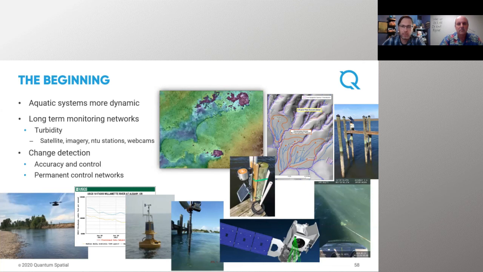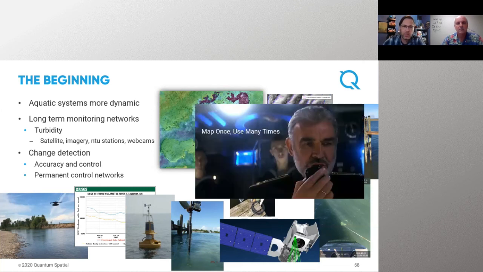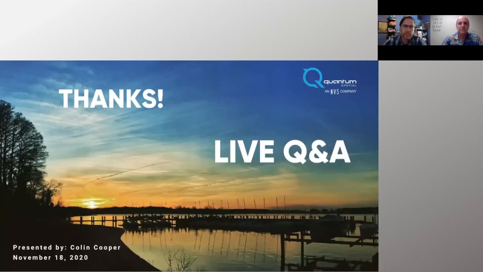Is it even possible? And all this obviously is, as the late great Sean Connery once said, map once, use many times. And I think it's going to be more like map a bunch, use a boatload of times, but really that's the goal here. And you can save money and time if you do all this correctly. And I'm sorry I went over, but that's all I got.